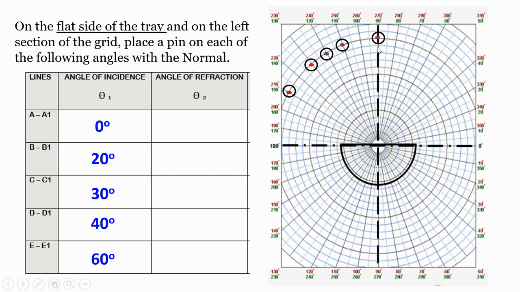So if this is the normal line, your 20 will be 1, 2, 20. 30 will be here, 40, 50 is here, is not marked, and 60. So you mark all angles that you are going to be working with in this lab.